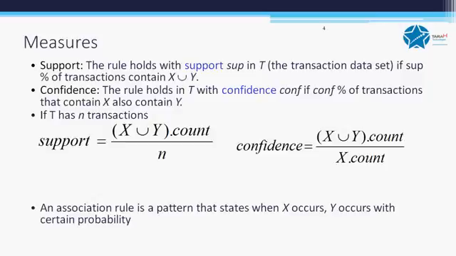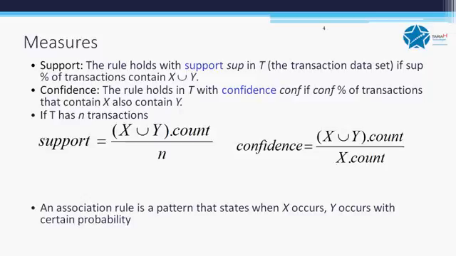Then confidence is basically the percentage of transactions which contain X, and of that, how much percentage also contain Y? So support is about how many of the transactions contain both left and right hand side.